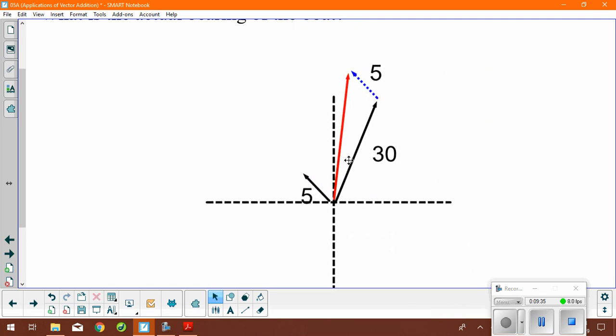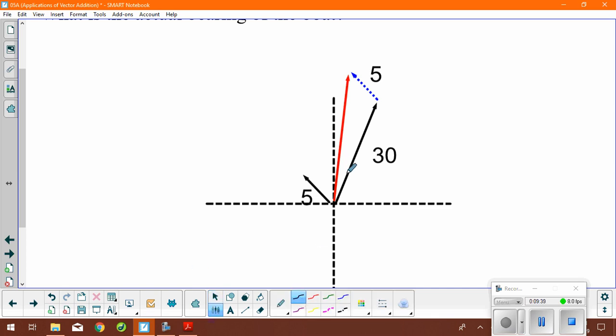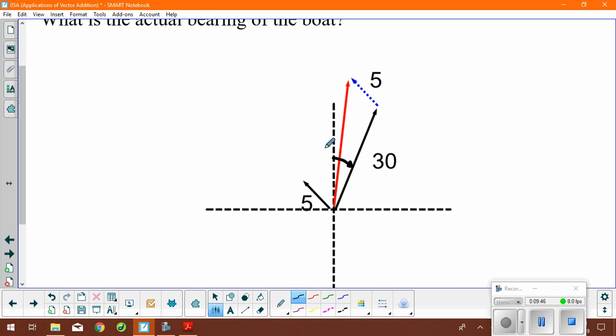To help establish what's happening here, we'll start adding the angles we knew. So this was north 25 east, so that one's 25.